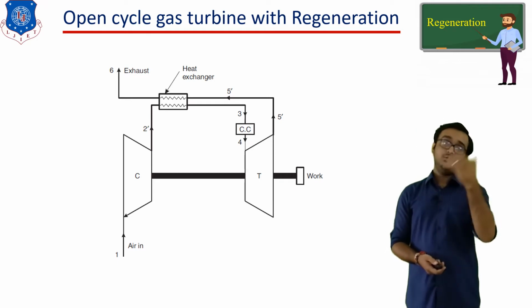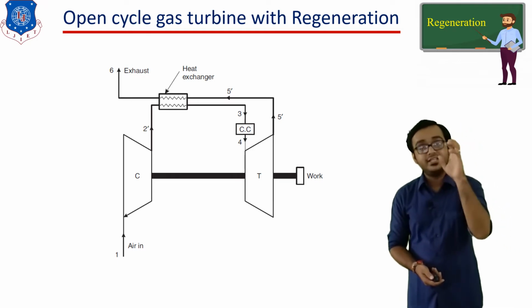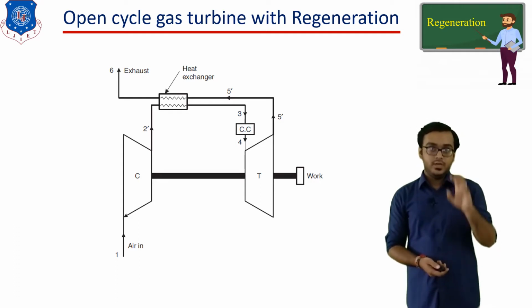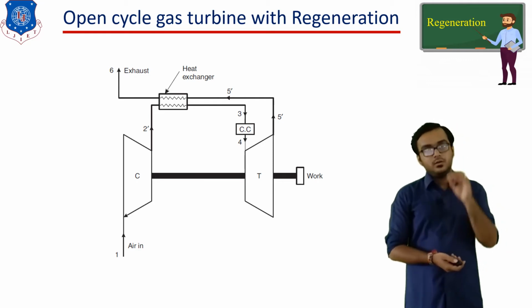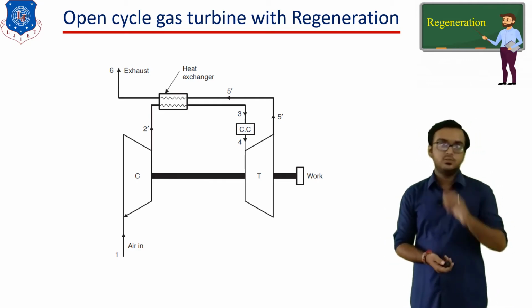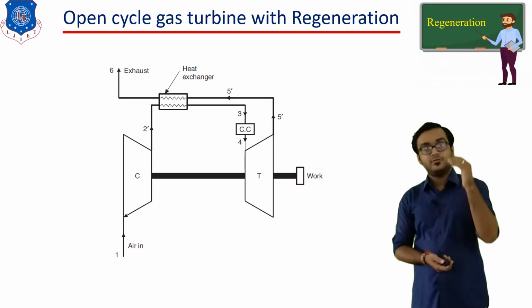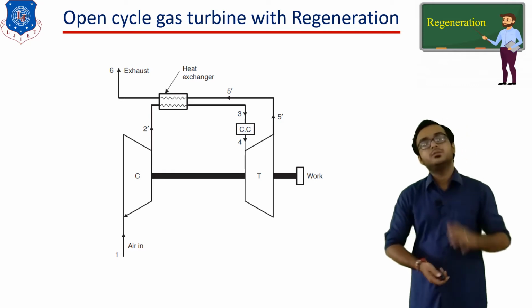In addition to that, we have one heat recovery heat exchanger. You can observe the location of the heat exchanger. Now, to understand the working of the cycle, let's observe this diagram and its different points, and let me start the cycle with point number 1.